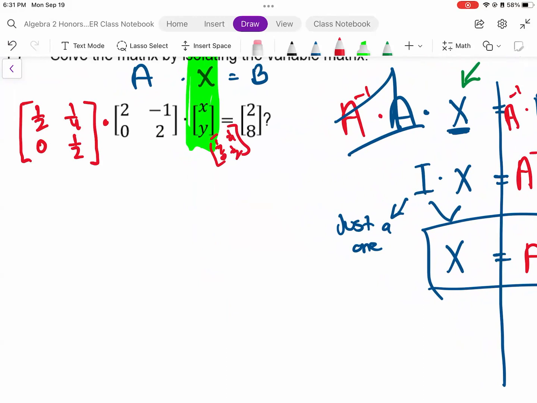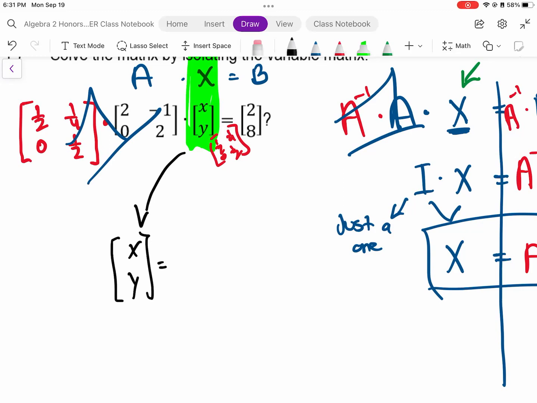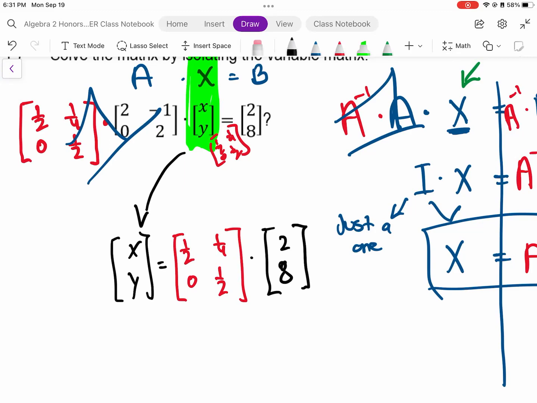What's going to happen to those matrices? They're going to become a 1, the identity matrix. And now I'm left with the variable matrix is equal to the inverse matrix of the original one, which was 1/2, 1/4, 0, and 1/2, times the matrix that was on the other side.